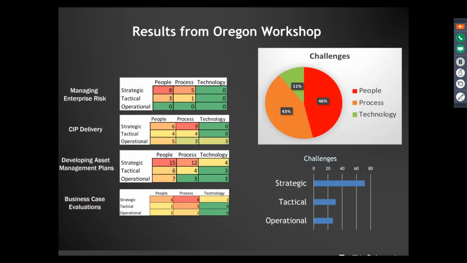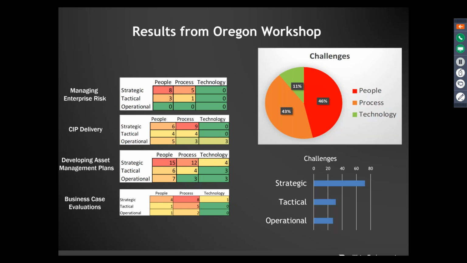Getachew has provided a brief summary of the workshop that was conducted in September of 2019, when we had close to 40 representatives from different utilities. And he also showed that the challenges were mapped to this matrix. The overall results showed that most of the challenges that people were observing were related to people or processes.